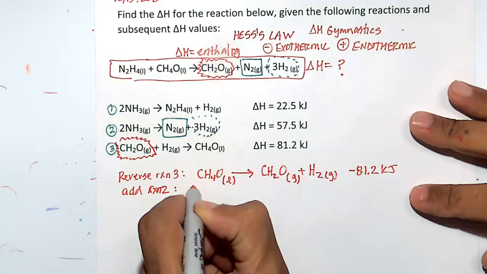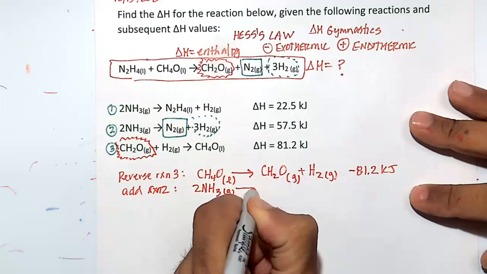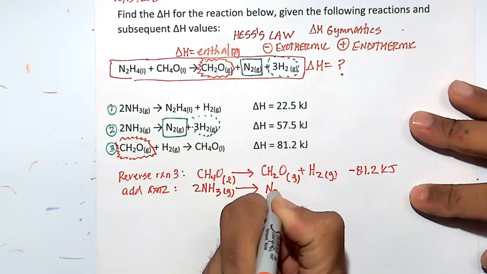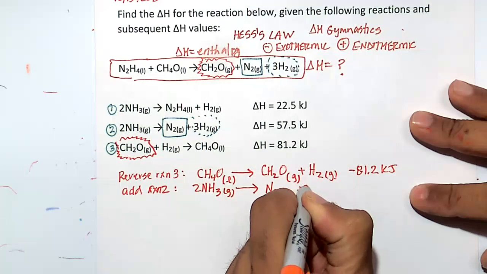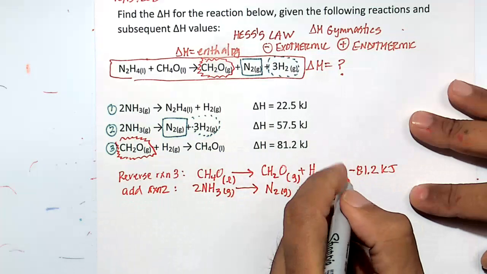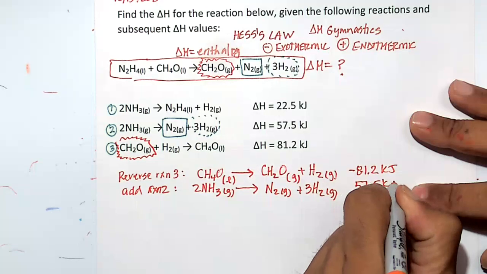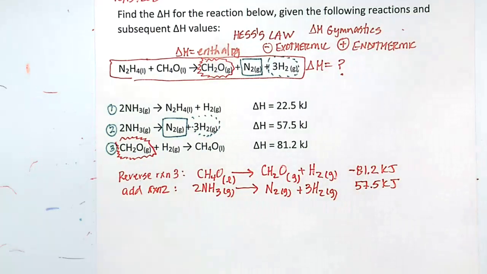That's going to be 2NH3 gas goes to N2 gas plus 3H2. I left it alone, and that's going to be 57.5 kilojoules.